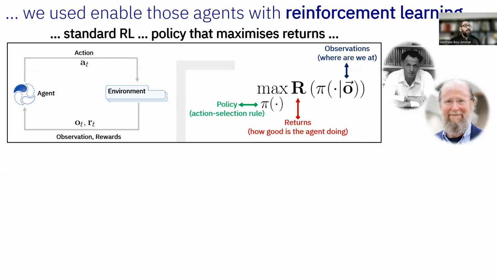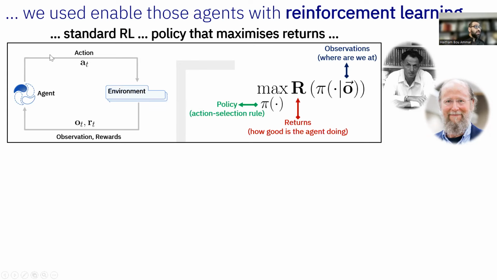So in the history of AI, the problem of defining such types of agents has been well studied, and maybe could be best described under the context of reinforcement learning. In reinforcement learning, we have an agent, and that agent is working inside an environment.